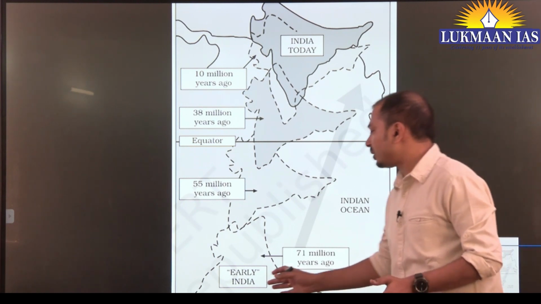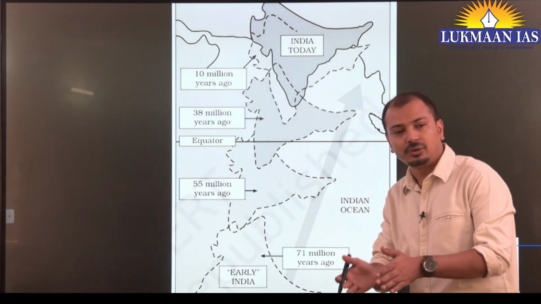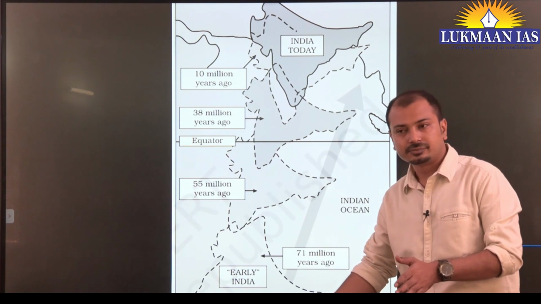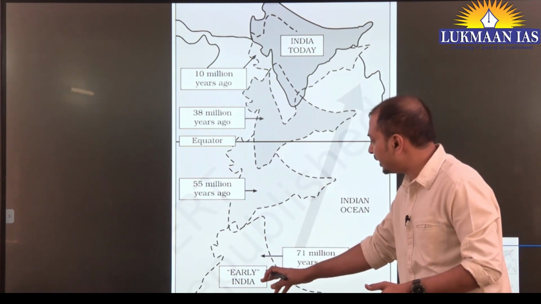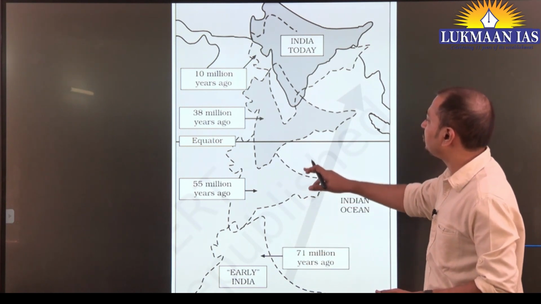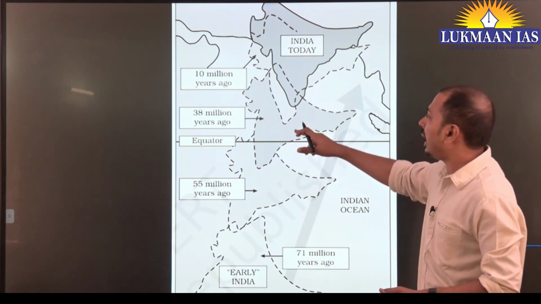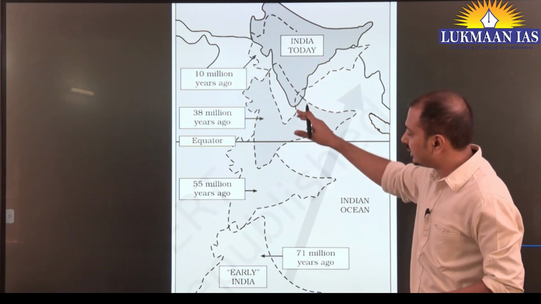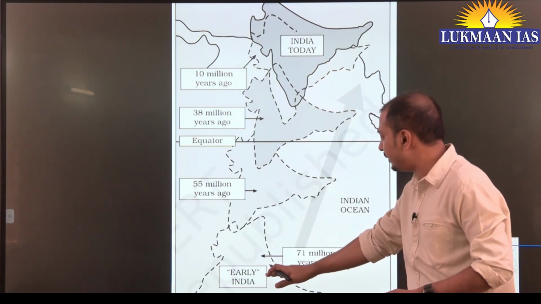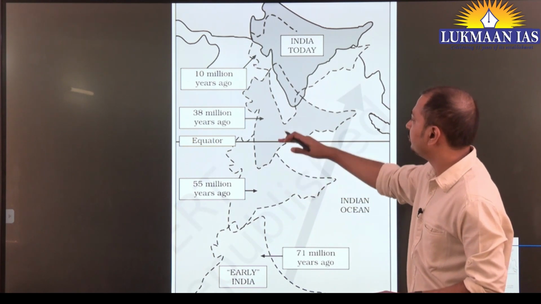So from that location, that is beyond the Tropic of Capricorn in the southern hemisphere, it started drifting from that place, then it crossed the equator and reached the present day situation. And all this happened since 70 million years ago.